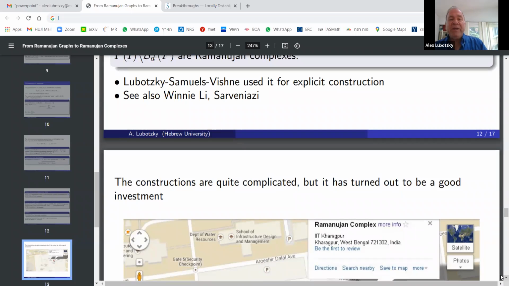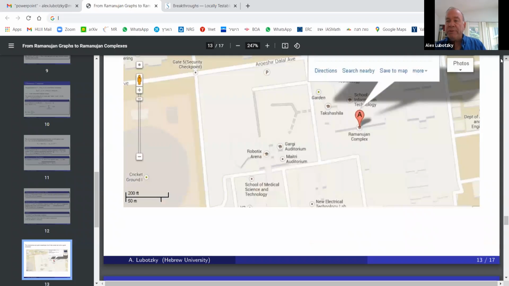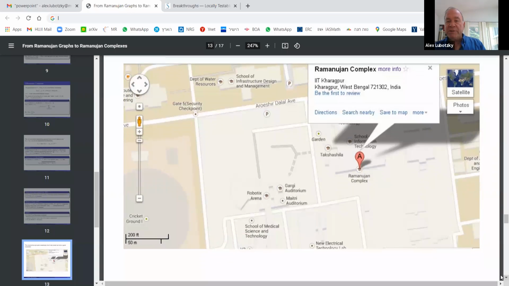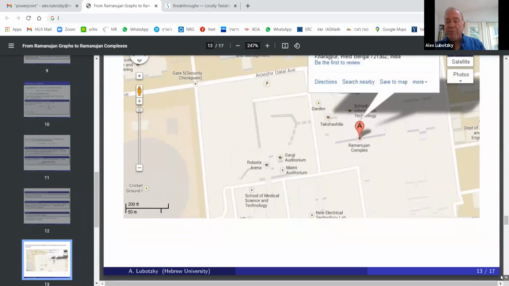But we didn't really have any goal in mind, like why this would be interesting from a combinatorial point of view. And I like to joke that the government of India understood that our paper is important, and they named an area in India Ramanujan complex, just like the name of our paper.